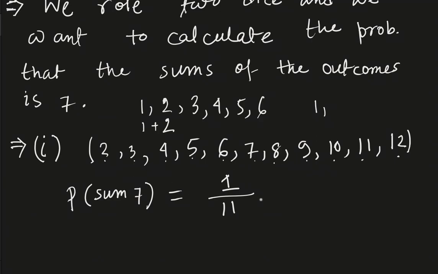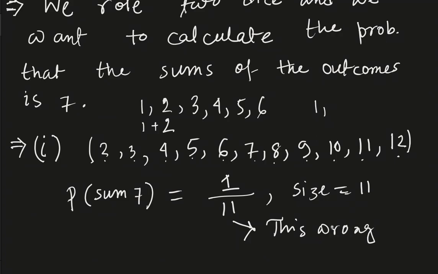So for calculating this probability, I use the size of the sample space as 11, and the number of favorable events A is 1, so that is 1 over 11. But this result is not right, this is wrong.